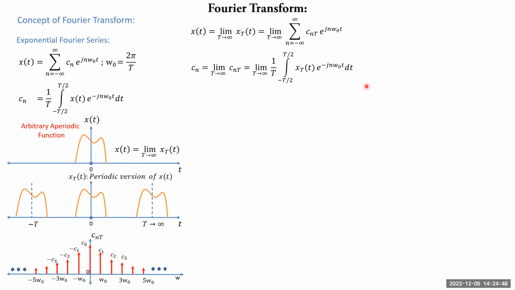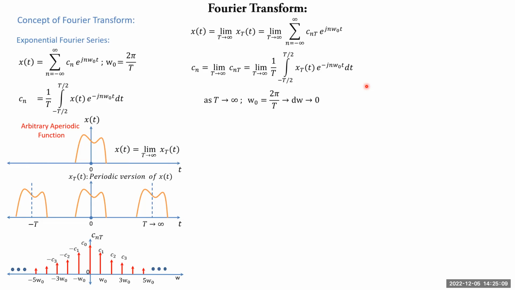Similarly, we can obtain the equation for the Fourier coefficient, that is Cn, from the periodic version of Cn, which is CnT with the limit T tends to infinity. And then we'll substitute the formula for CnT from the Fourier series.